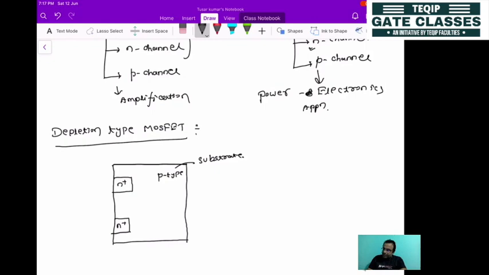So this is the semiconductor layer. This is N plus, and this is P-type material. Then you put one oxide layer here, and a metal will be connected on it. This is the metal oxide layer.